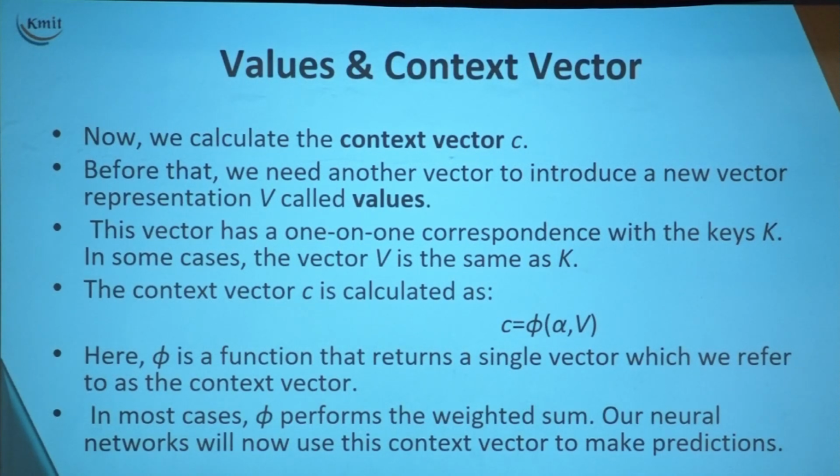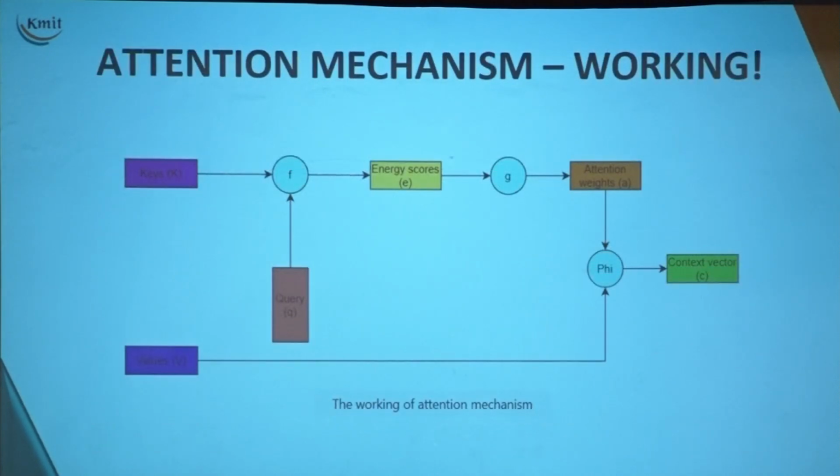Okay. Our neural network will now make use of this context vector to make predictions. This is a little block diagram that I tried to figure out for you. You are using a key and a query. You apply them to some sort of mathematical function and then you get the attention scores from there, sometimes called energy scores also, and apply them to a distribution function to get attention weights.